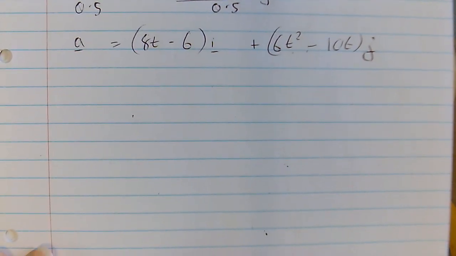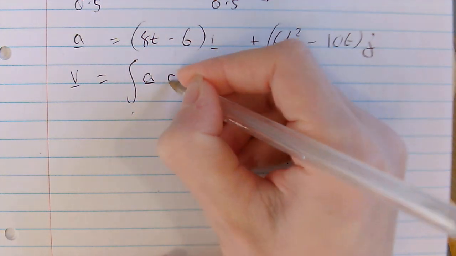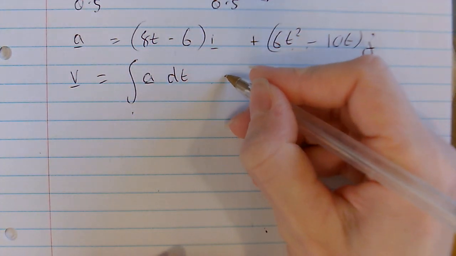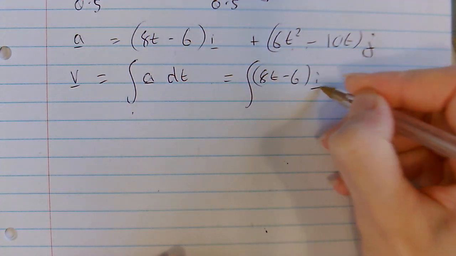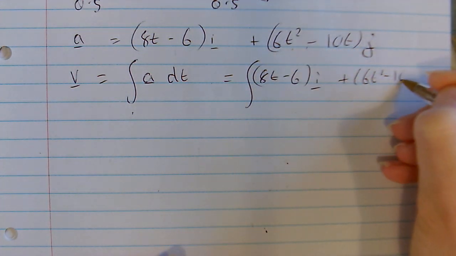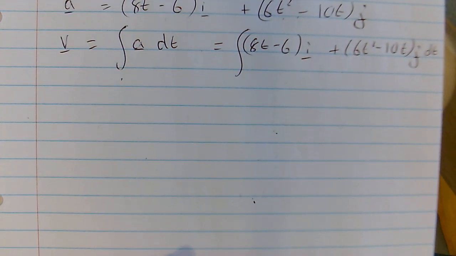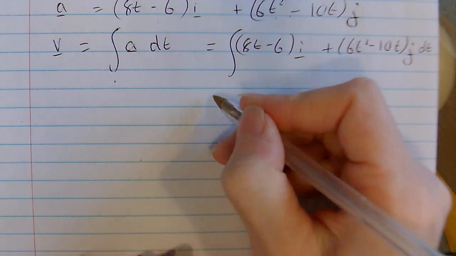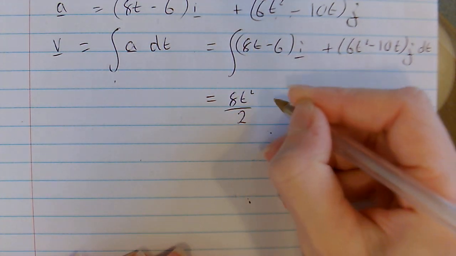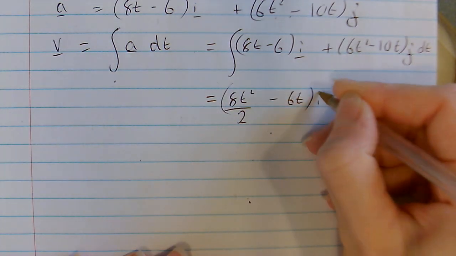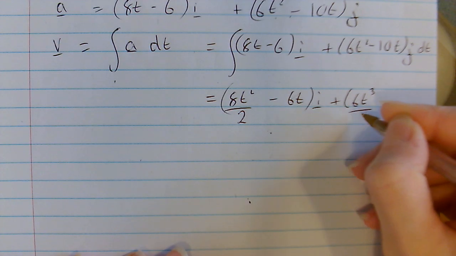But I want velocity, so velocity, you have to integrate acceleration with respect to time. So I need to integrate (8t minus 6)i plus (6t squared minus 10t)j with respect to t. If I integrate this, increase the power, divide by the new power, increase the power, divide by the new power.